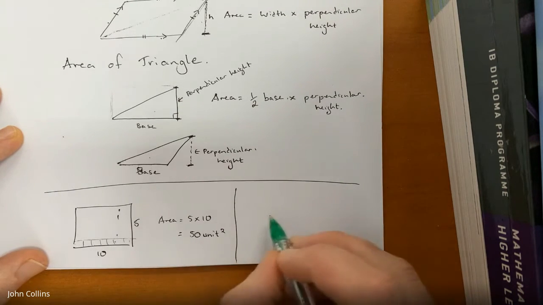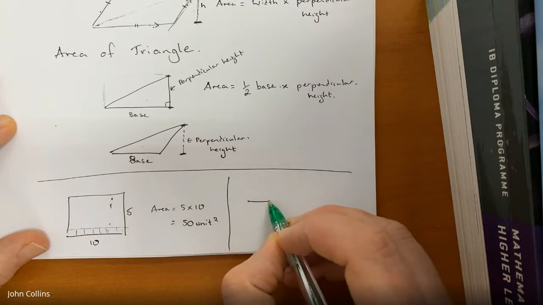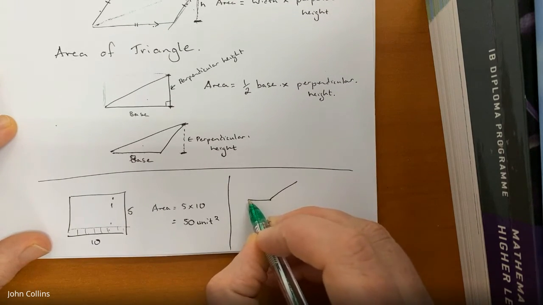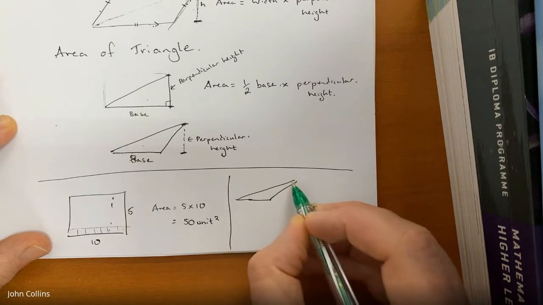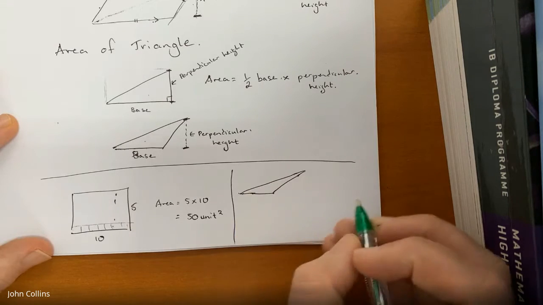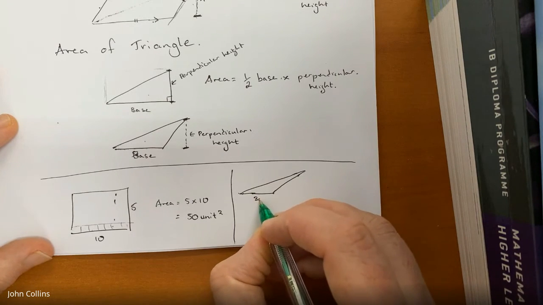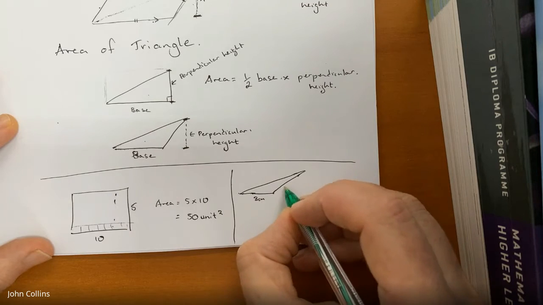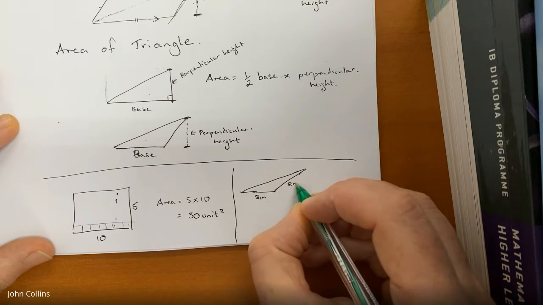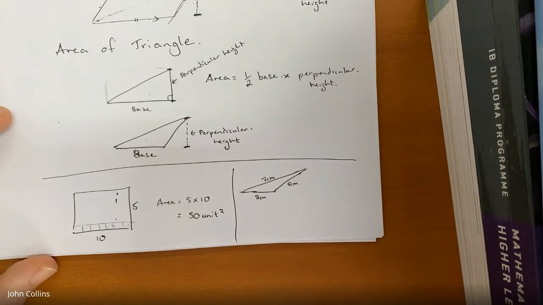If I wanted to find the area of a triangle, and I have a triangle like this, so once again, you don't have to take down these examples, you can just watch. Let's say I'm given loads of information on this. I'm given 3 centimeters here. This length here is 5 centimeters, and this length here is 7 centimeters.